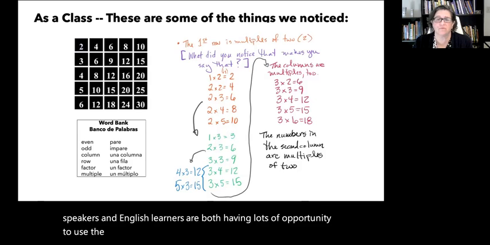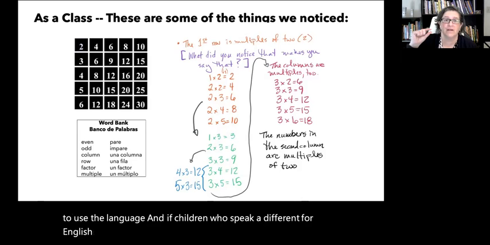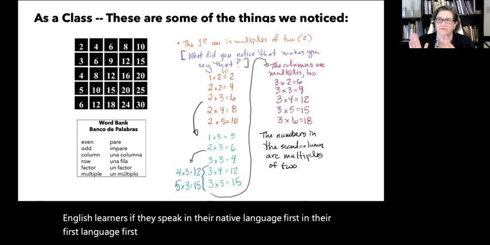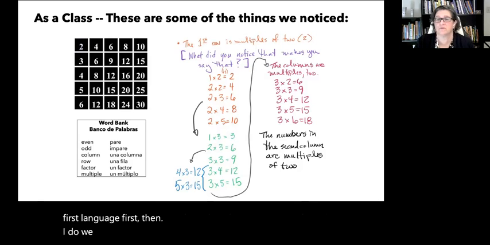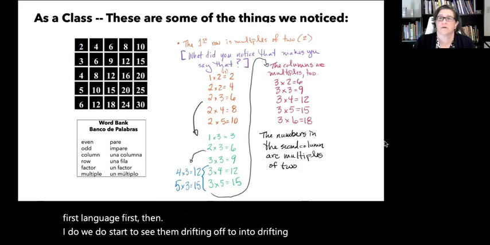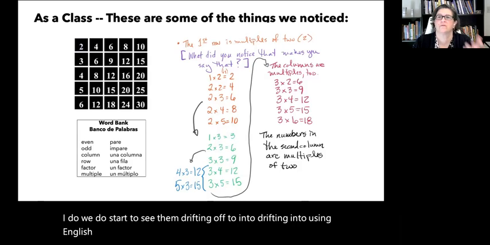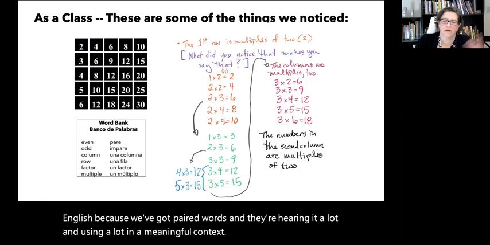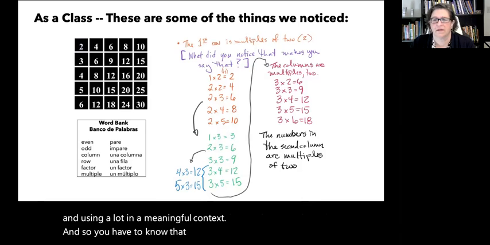And if English learners speak in their first language first, then we do start to see them drifting into using English, because we've got paired words and they're hearing it a lot and using it a lot in a meaningful context.